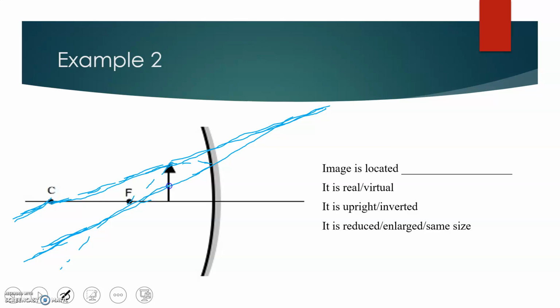So you would continue and elongate both solid lines until they connected, and they would connect somewhere over there. And again, wherever they connect, that is where the top of the image would be located. So we have our arrow there. That is what the image would look like in this mirror, and it is located behind the mirror.